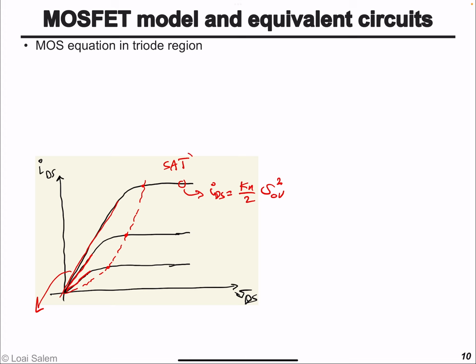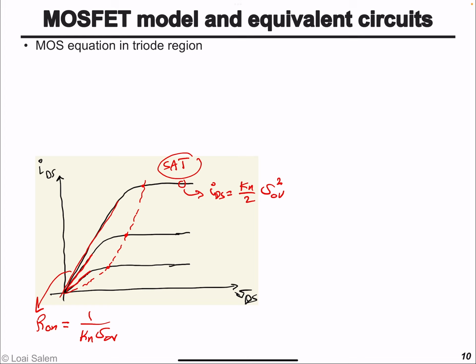In the saturation region, the transistor essentially behaves as a voltage-controlled current source. And in deep triode region, the equivalent on resistance of the transistor decreases as we increase the overdrive voltage.